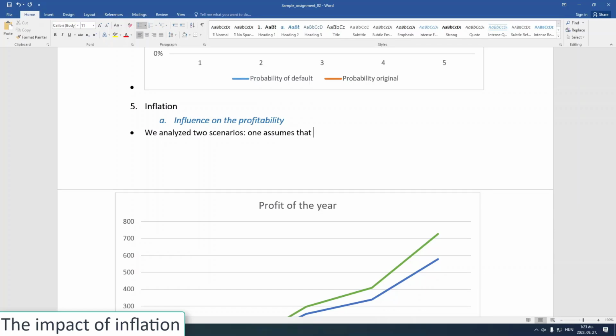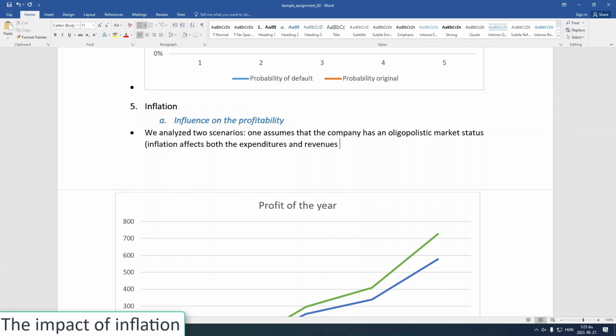One assumes that the company has an oligopolistic market status only. So inflation affects both the expenditures and revenues.